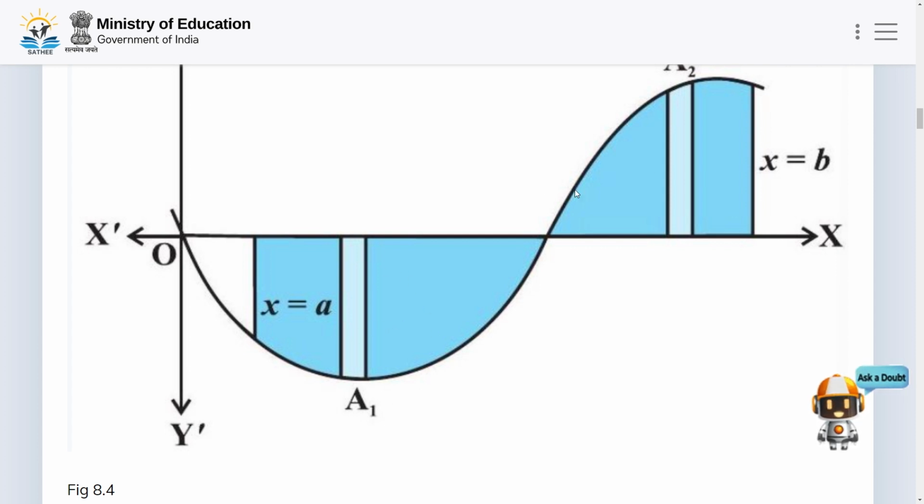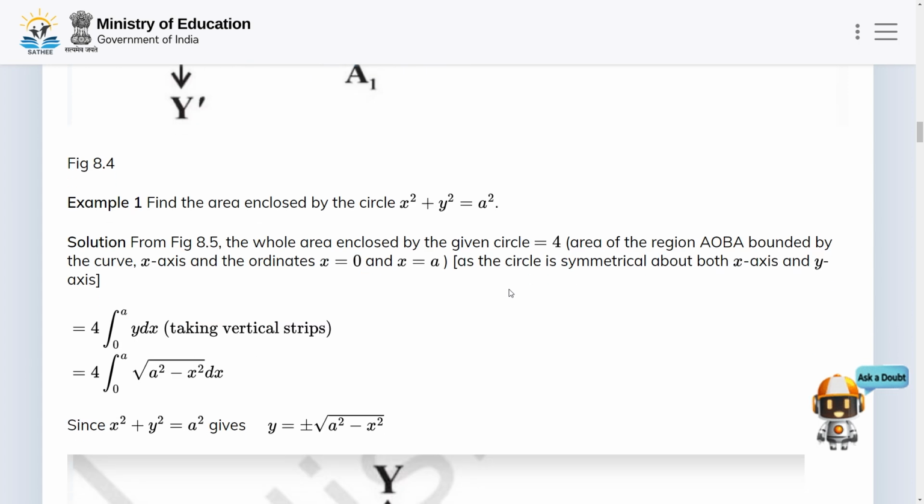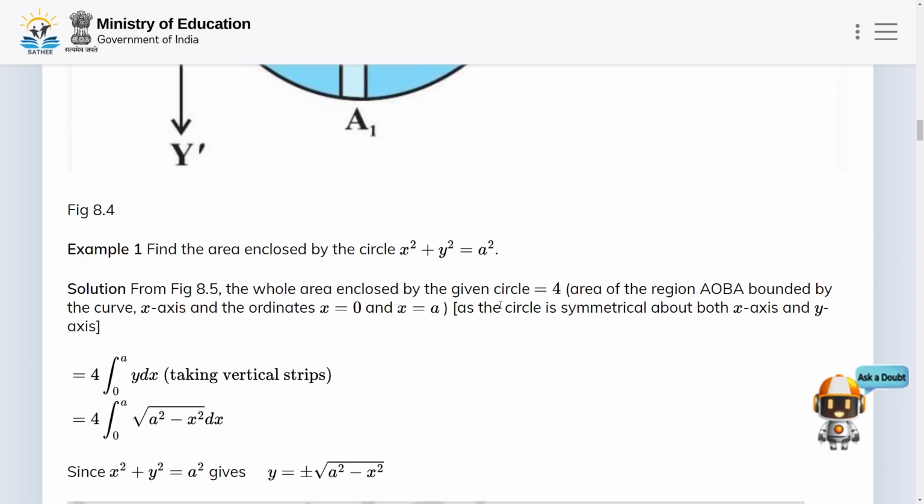If you add them, you will get a smaller area, which is not what you want. So please keep this point in your head. Clear? Okay, I hope it is clear to you. Let me just show you some examples.